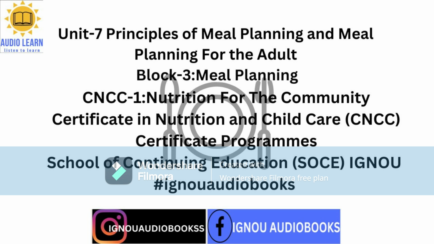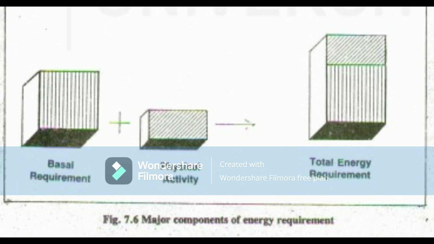And that is how the total energy requirement of an individual is calculated. Figure 7.6: Major components of energy requirement. Look at the screen for table content.